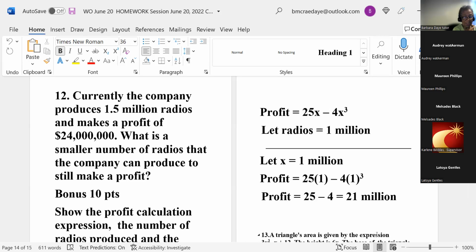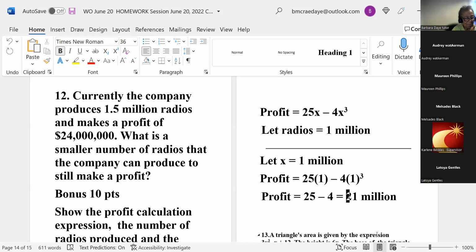Questions? All you had to do was take something less than the 1.5, and the most obvious was just take 1 million. What is a smaller number of radios that the company can produce to still make a profit? A smaller number is 1 million radios. So with 1 million radios, you make $21 million profit. Questions?